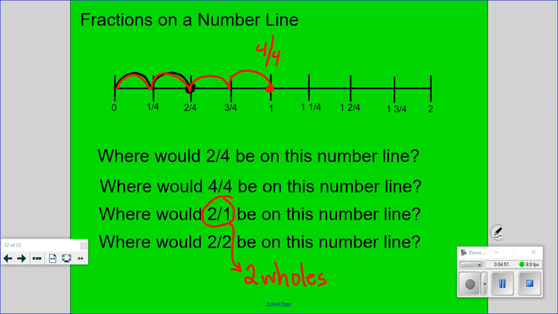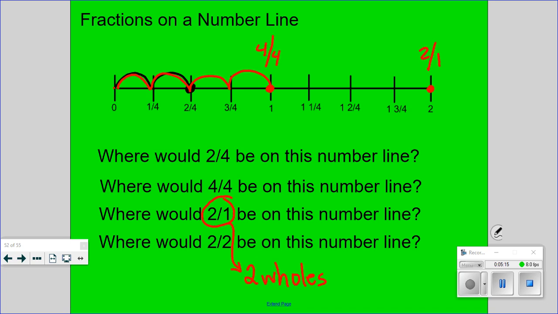Where is 2 wholes on this number line? At the end. Yeah, right where 2 is, because that 2 really does mean 2 wholes. That's what I'm counting. Let's go ahead and write 2 wholes right above number 2. Just like last time, it's just a slightly different way to think about that fraction.